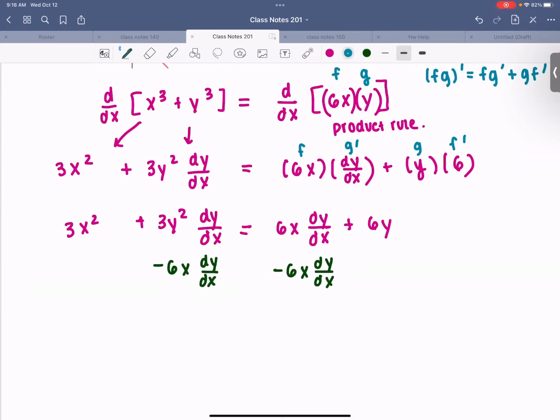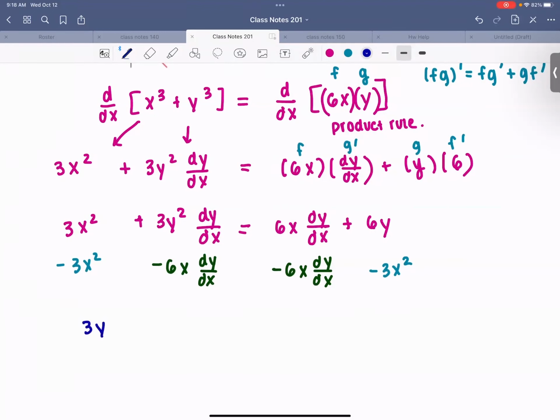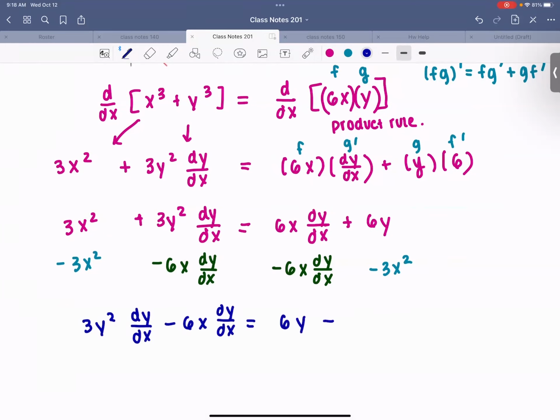And if we do that, then I guess we have to subtract 3x squared on both sides, so that all the dy dx's go on one side and everything else goes on the other. Okay, so it looks like we'll be left with 3y squared dy dx minus 6x dy dx equals 6y minus 3x squared.